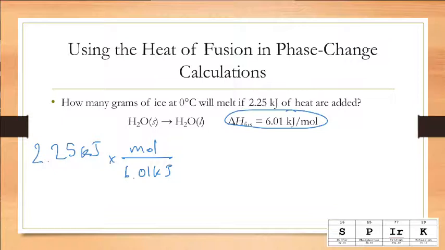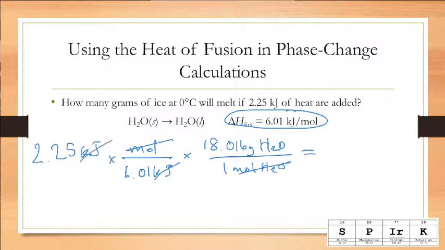So now that we're at moles, we can get to grams, because we know that the molar mass of water is 18.016 grams over 1 mole of water. So mole cancels with mole, kilojoule and kilojoule. We're left with grams of water. When we calculate this out, we get 6.74 grams of H2O.